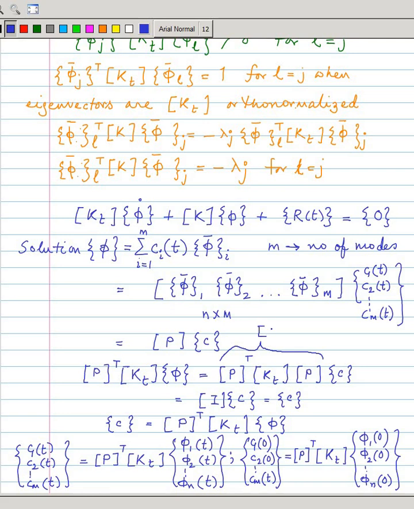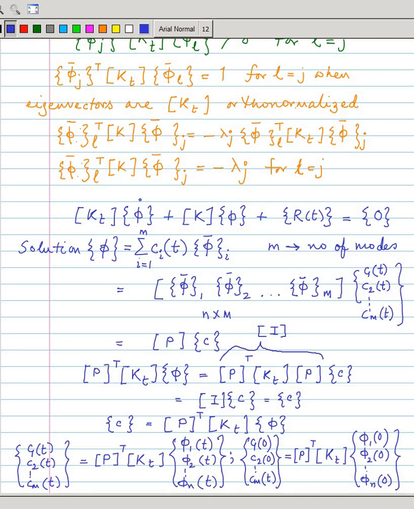You can verify that this is an identity matrix. So c is actually p transpose kt phi. That means c1, c2 up to cm is equal to p transpose kt times phi 1, phi 2 up to phi n. These are not separate vectors, these are the elements of phi.